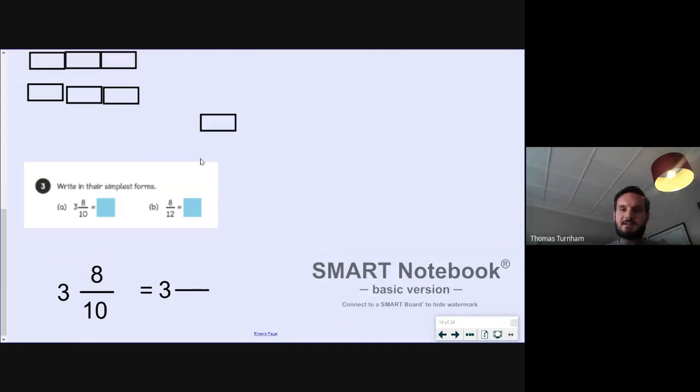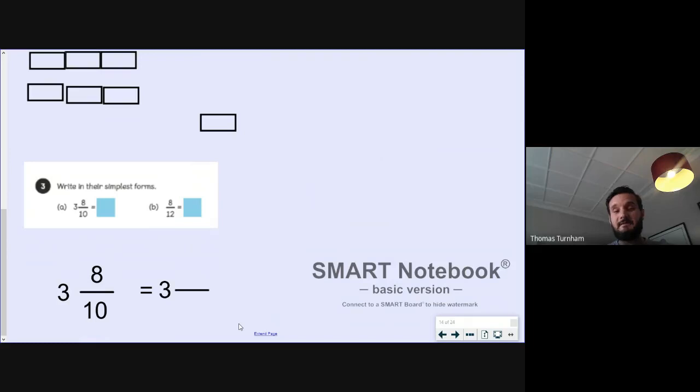What about 8/12? What's the simplest way of expressing 8/12? Excellent. Lots of you will have guessed you can halve it. I could say 4/6. That would be absolutely right. But I can divide 8 by 4, and I can also divide 12 by 4.